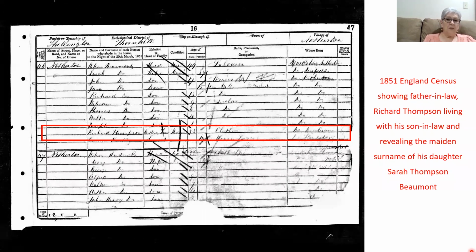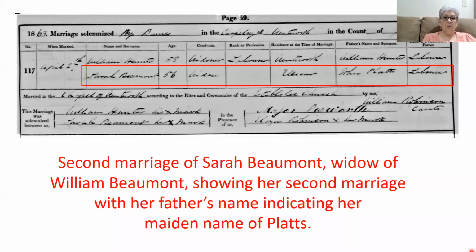So that brings me to a side note. Another possibility, if you can't find the marriage of the couple, is to research to see if the husband died early, the first husband. If so, the wife often remarried. And if she remarried after 1837, then you can find her father's name listed on the second marriage certificate. So here's an example of that.